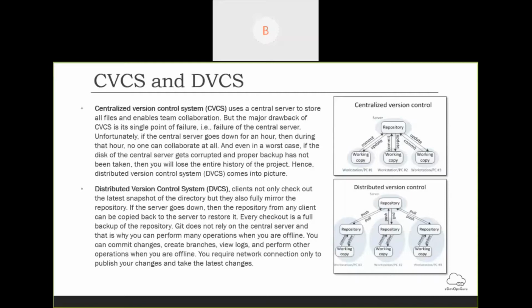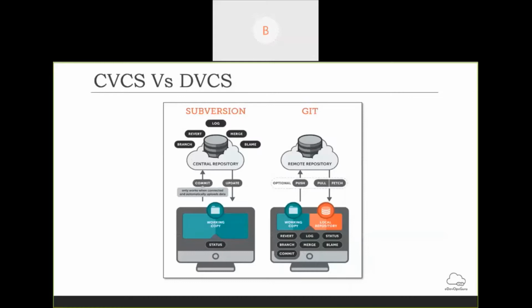So there are different tools available, and here we are going to discuss Git. This is just a pictorial view of the difference between a centralized and a decentralized version control system. Subversion is a tool of the centralized version control system. Git we are taking as the reference for the distributed version control system.